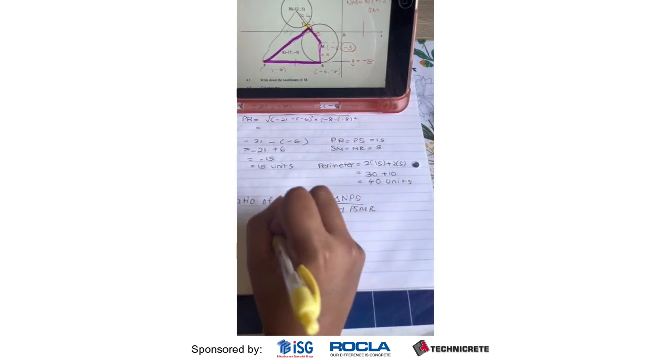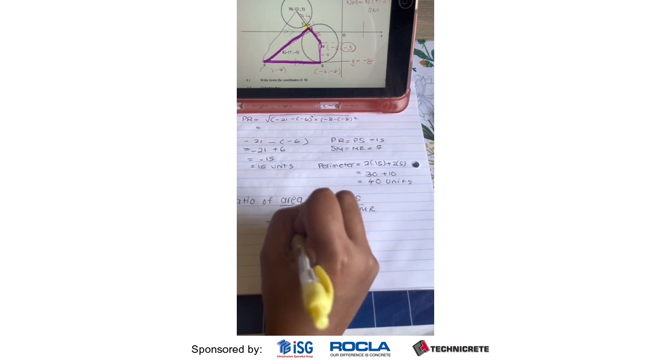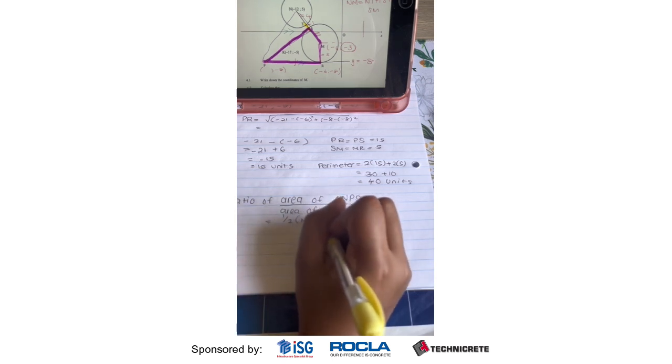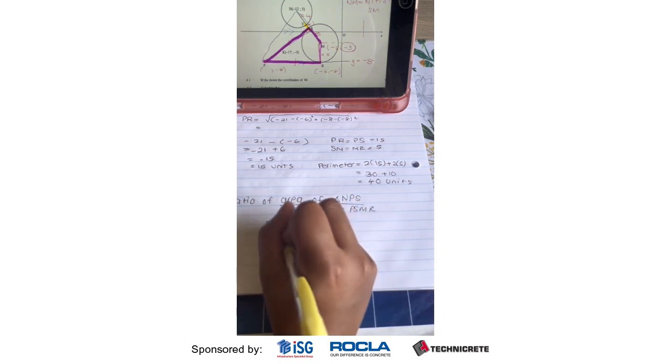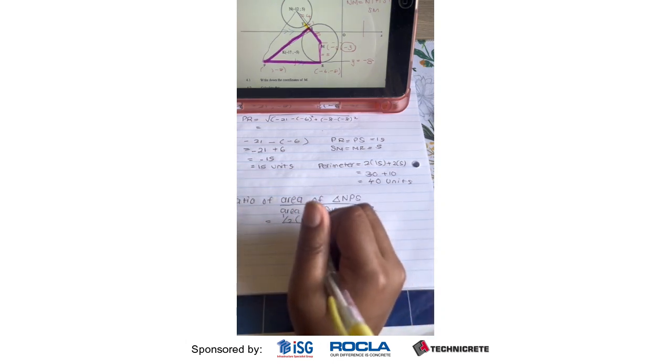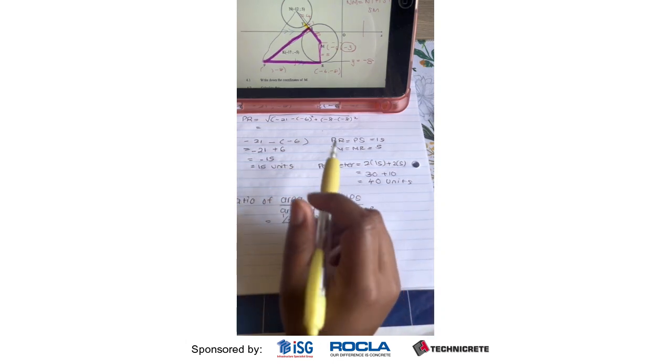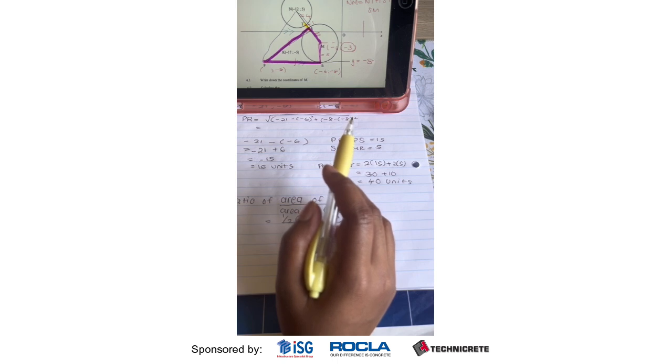And how do we find the area of a triangle? It's half of my base, which is NS, which we know, times my height, which is SP, which we also know. Area of my quadrilateral is going to be, we're going to divide it into two triangles.